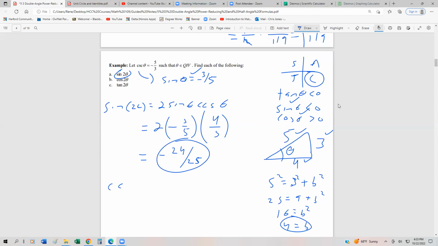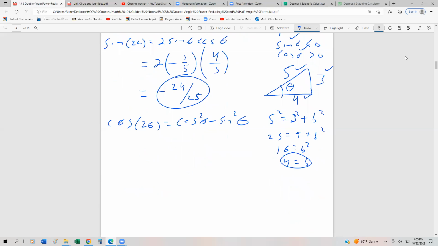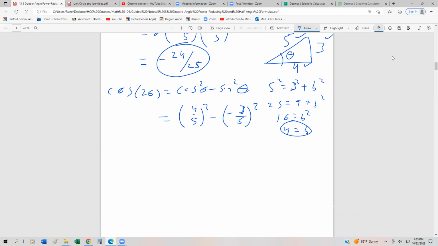The cos of 2 theta. Remember, we can say that that's going to be cos squared of theta minus sine squared of theta. In this case, we know that cos is going to be 4/5. So we have 4/5 squared minus negative 3/5 squared. Since we just found both cos and sine, that's going to be 16/25 minus 9/25, or 16 minus 9 is 7 over 25.